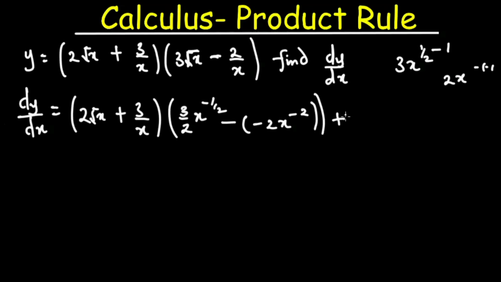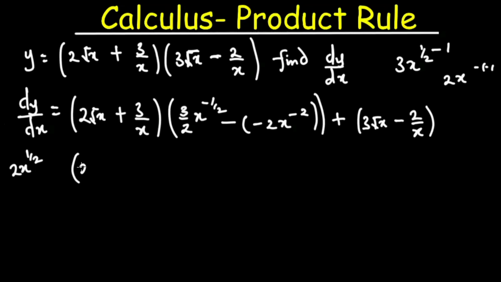Then we're going to add and drop this now, 3 root x minus 2 over x. And then we're going to differentiate this. So let me bring it down, multiplied by differentiating 3 root x, just as we differentiated 3 root x. That will be 2x raised to the power half. Multiply the power by the coefficient.